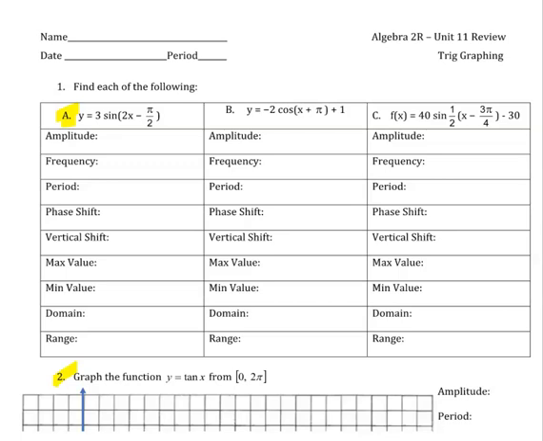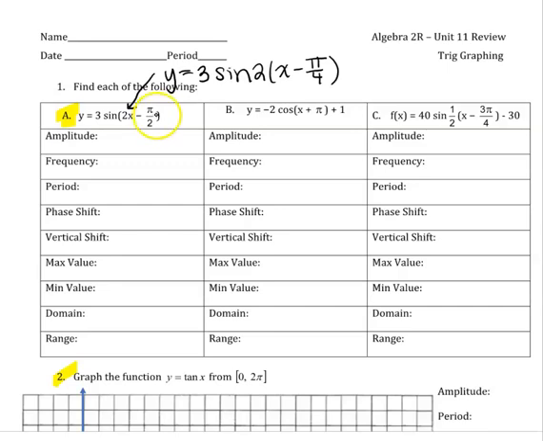All right, so first thing I'm looking at when I'm given y equals 3 sine of 2x minus pi over 2 is that the frequency is not factored out. So I'm going to rewrite this as y equals 3 sine of 2 parentheses x minus pi over 4.